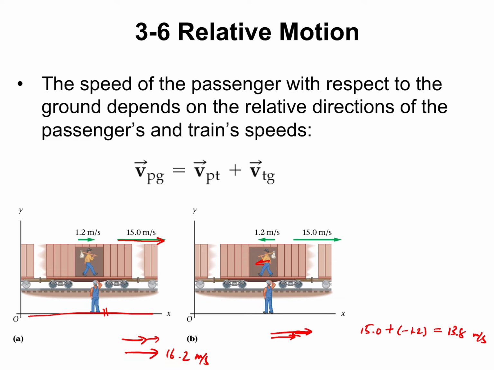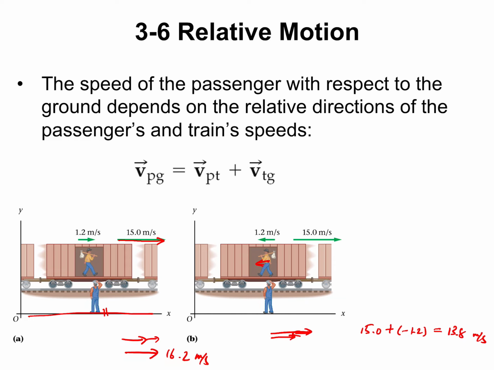So that is the yellow shirt guy's velocity relative to the blue shirt guy, who is standing on the platform. So you have two reference frames. One is the Earth, or the platform, or the train station. Another one is the train.